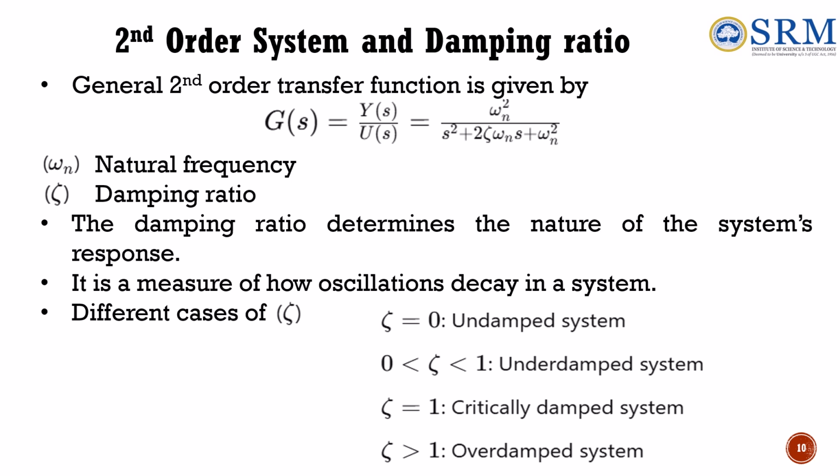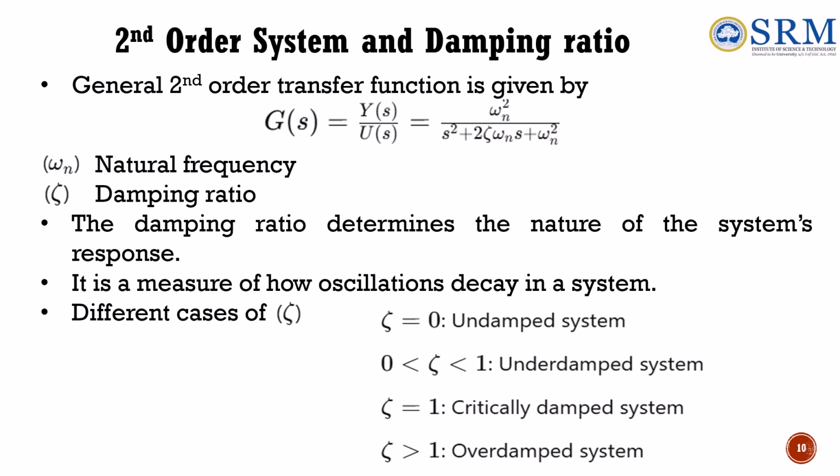In this equation, omega n is the natural frequency and zeta is the damping ratio. The damping ratio determines the nature of the system's response. It is a measure of how oscillations decay in a system.